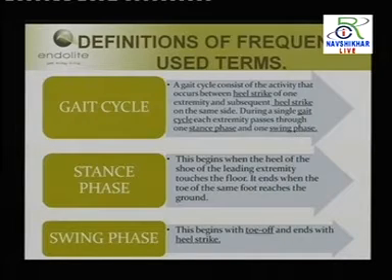It starts at the heel strike of one extremity and ends just before the limb is taken off from the ground. And finally, the swing phase of the normal extremity starts as soon as the extremity leaves the ground and begins to swing. It's called the swing phase of the gait cycle.